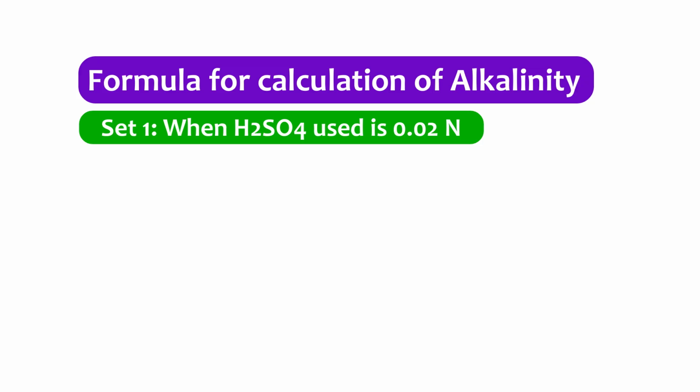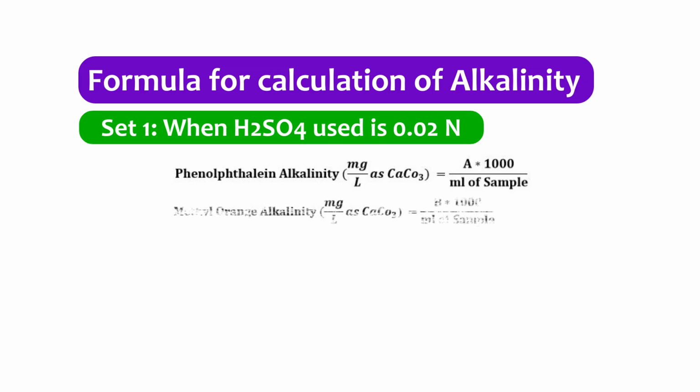And the first set of formula is if or when the water sample is titrated with standardized sulfuric acid, and the formula for calculation of alkalinity are: first you have to determine the phenolphthalein alkalinity, and the formula for phenolphthalein alkalinity is A into 1000 by ml of sample used for analysis.